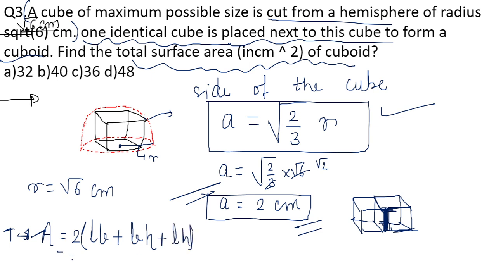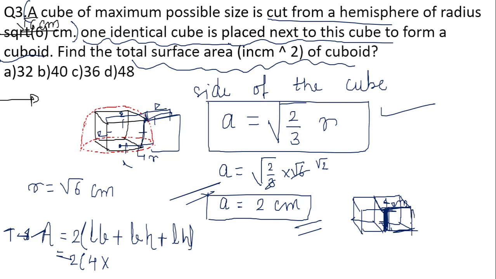So this will give me 2 into, what is the value of length? Length will give us 4 centimeter. How come 4 centimeter? Look, the side of this cube was 2 centimeter. Such an identical cube has been placed next to it now. Now this was 2 centimeter, this is 2 centimeter. So this will give me total 4 centimeter.